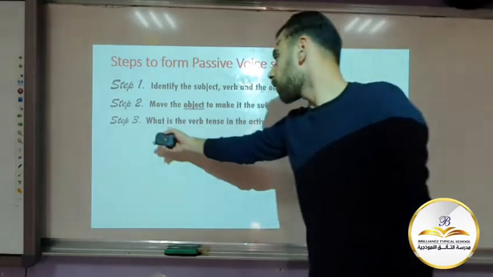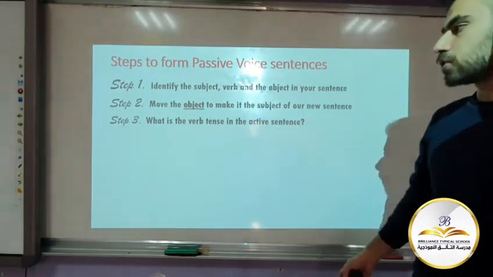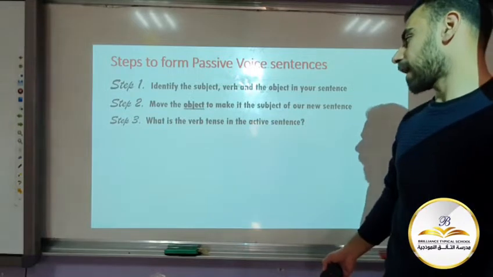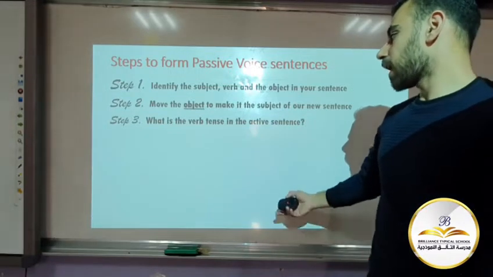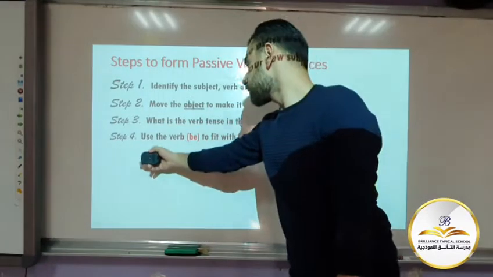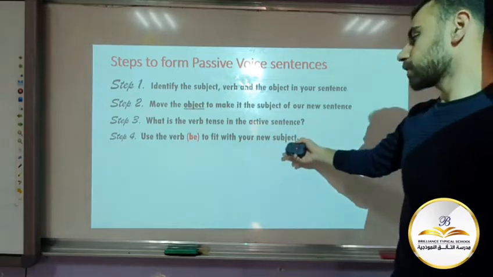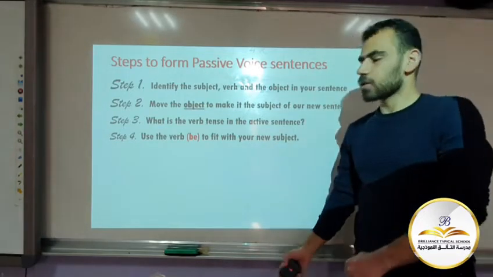The third one, what is the verb tense in the active sentence? You need to identify the tense of the active sentence. The fourth one, you have to use the verb to be to fit with the new subject. So if it is singular, we are going to use singular.